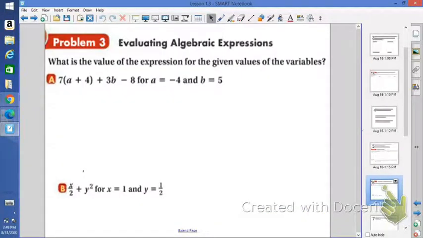All right, in example problem 3, here we're evaluating algebraic expressions. So what we're doing here is merely substituting values in for our variables.